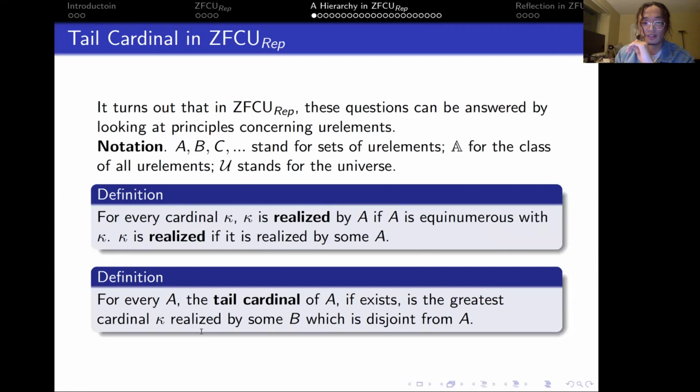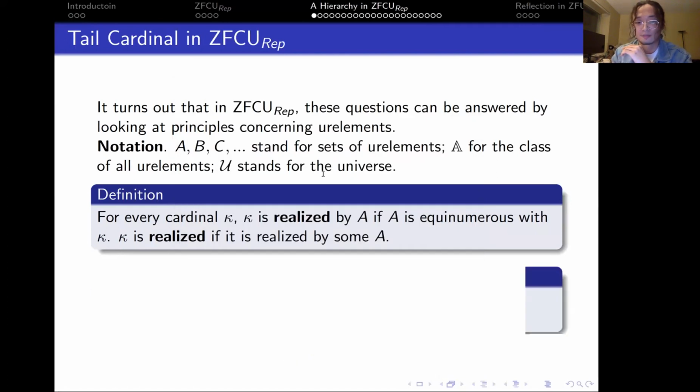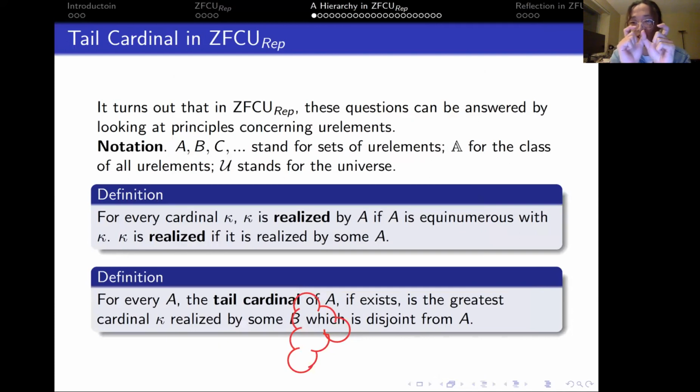So the idea is that if you have a set of urelements A, there might be different sets of urelements that are disjoint from A. But in some cases, there will be a largest one in terms of its cardinality.